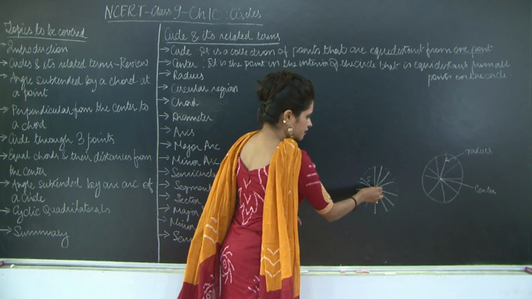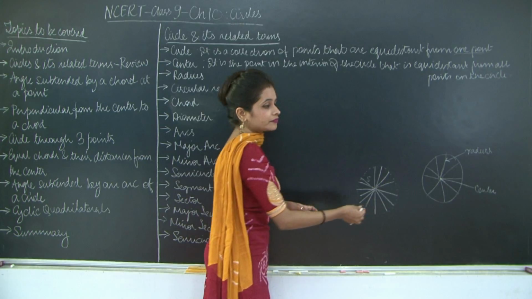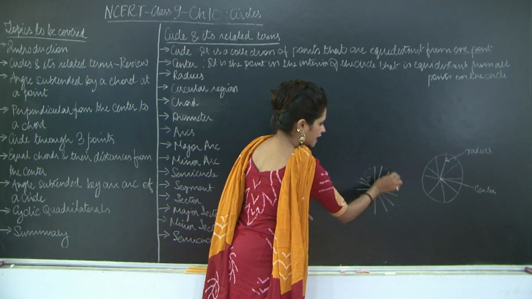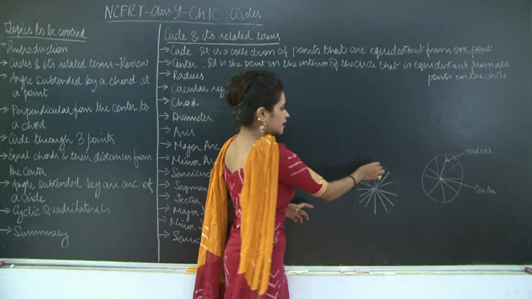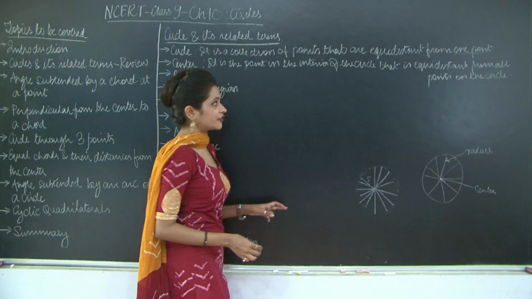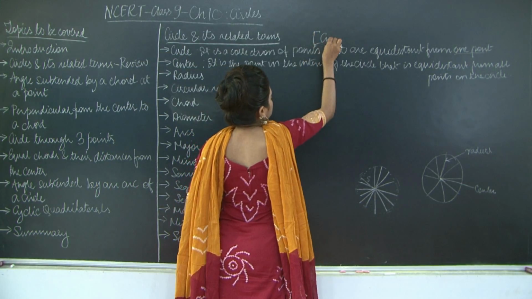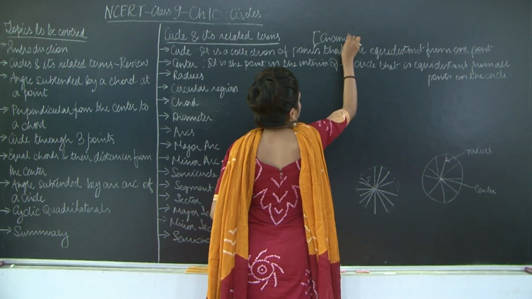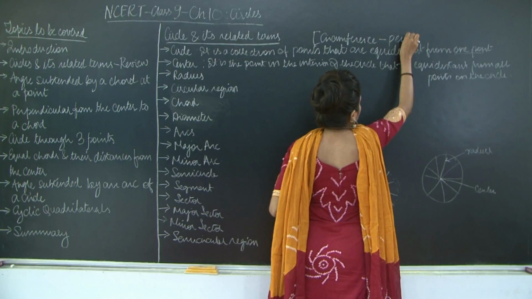So your center is equidistant from all these points on the circle. So this circle, this collection of lines is also known as the circumference. So the length of this circle is also known as the circumference. So I'll mention it over here. Circumference is also the perimeter of the circle.